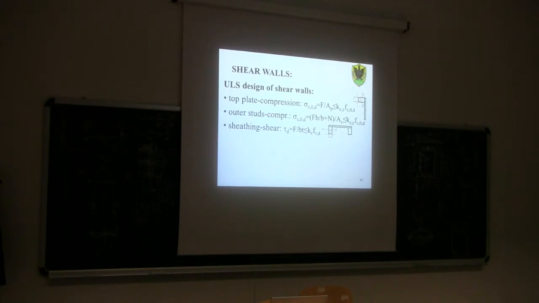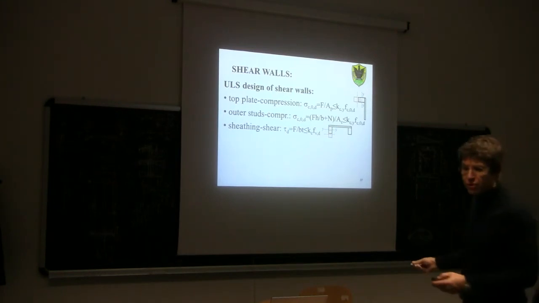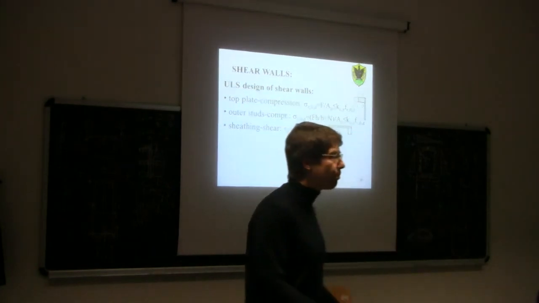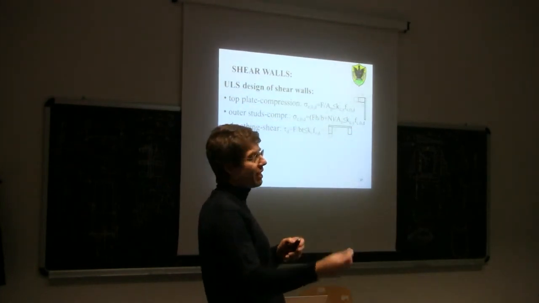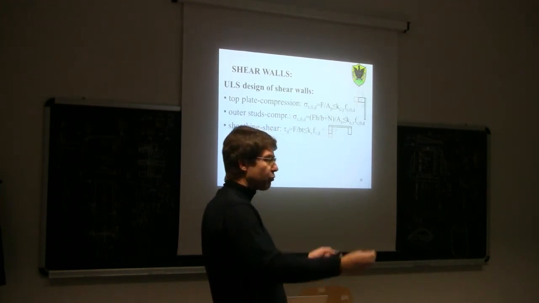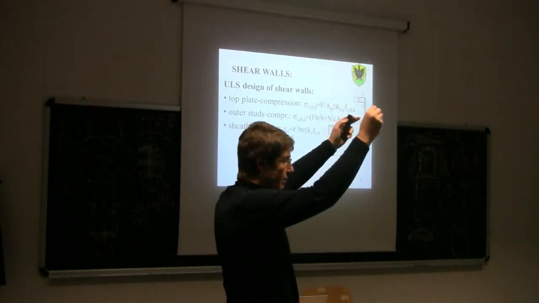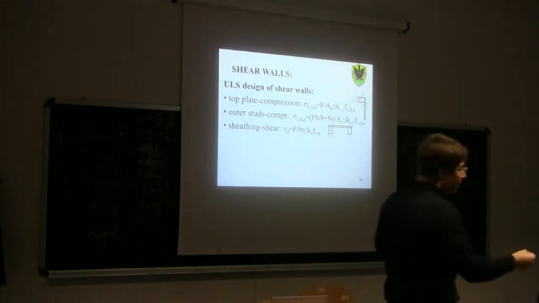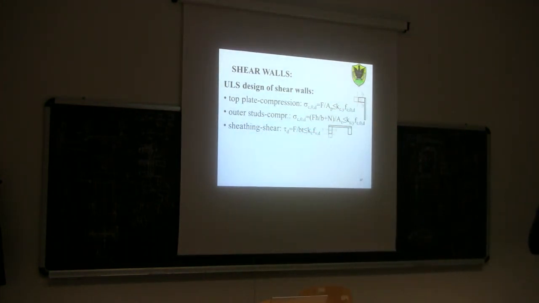So this coefficient Kc is usually equal to 1, if we keep the distance between the studs not greater than 60 centimeters. Usually those sheathing panels in Anglo-Saxon countries are 1.2 meter by 2.4. In Europe, usually they are 1.25 by 2.5.